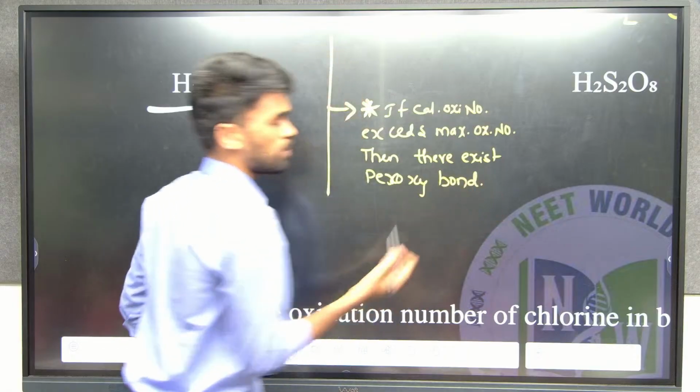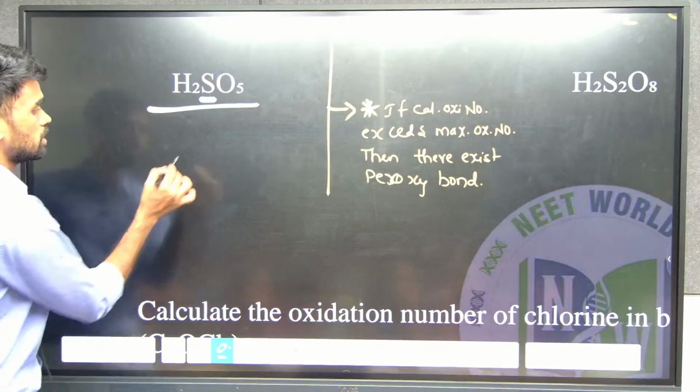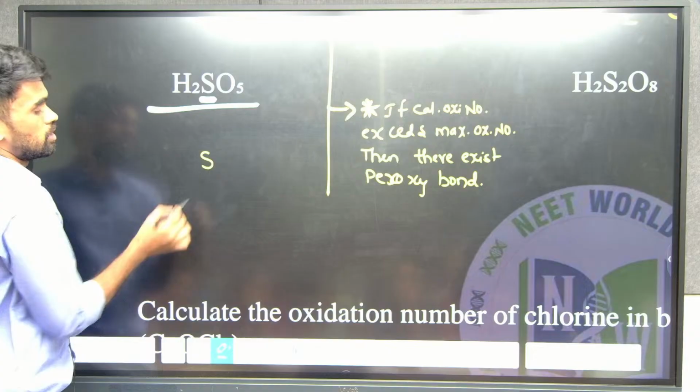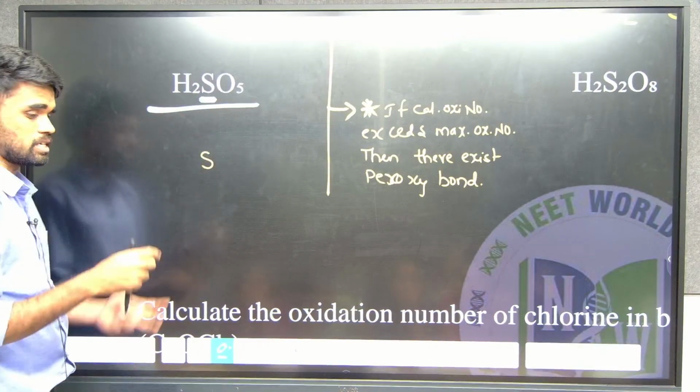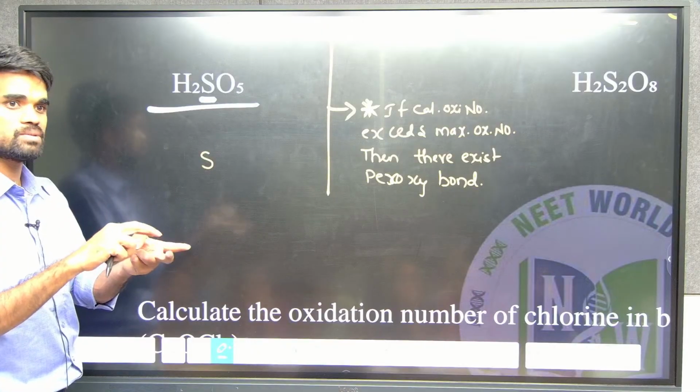So what do we mean by peroxy bond? See, sulfur I am writing. You write how many bonds oxygen can make? It can make 2 bonds, 4 bonds, maximum 6 bonds.